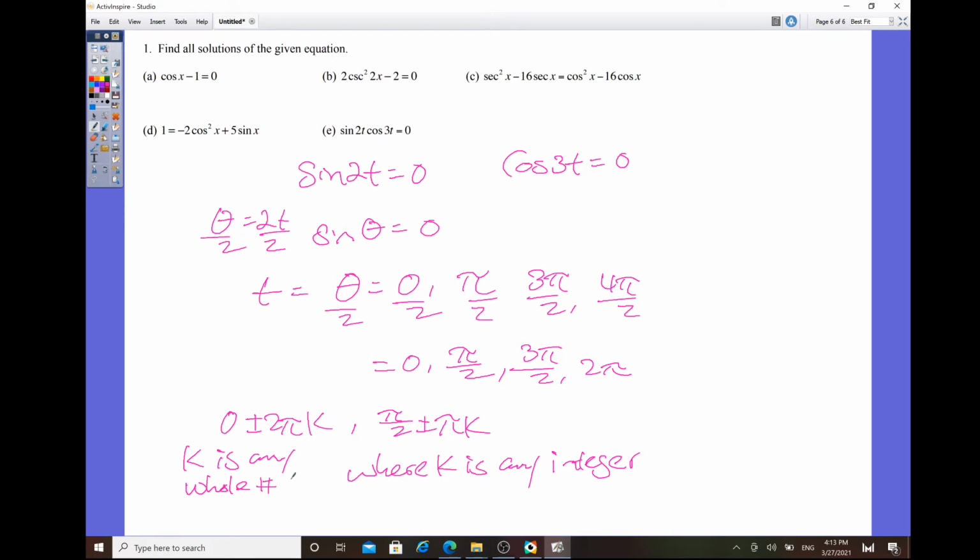Okay. And then what about for cosine of 3t equals 0? So that means for the first cycle, that would be considered pi over 2. Again, let 3t equal alpha.